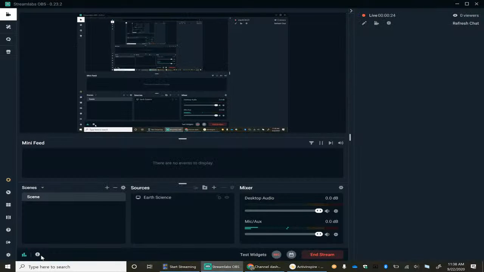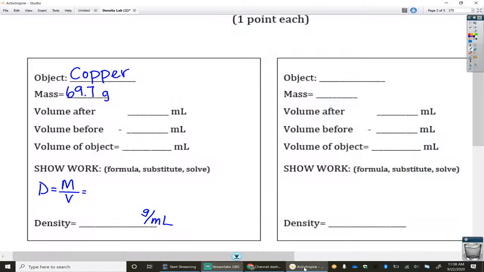I'll put that back up in a second. Okay. So our starting value is 150 milliliters. That's my volume before, 150 milliliters, before I put the sample in it. This will be after I put the sample in it.